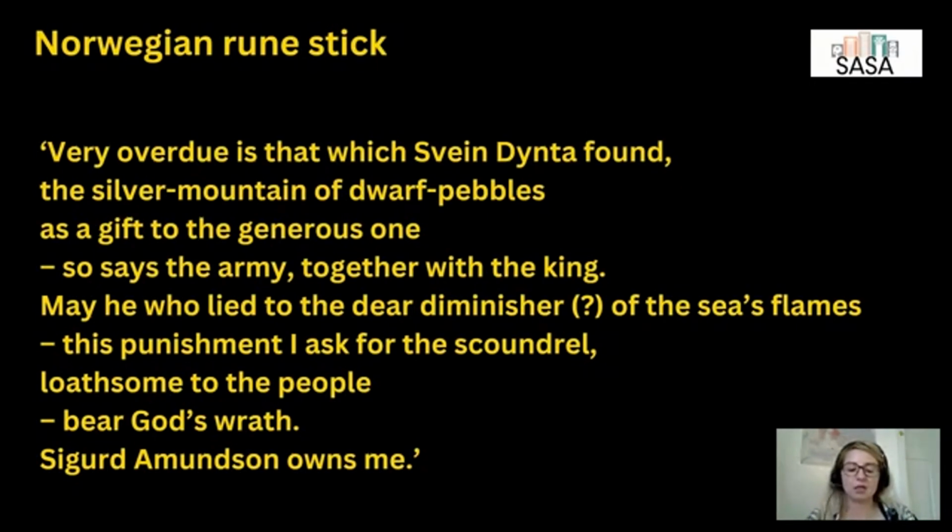This punishment I ask for the scoundrel loathsome to the people, to bear God's wrath. So this is a very interesting example of how these elements, both pagan and Christian, blend together in order to create this beautiful judicial curse or prayer.